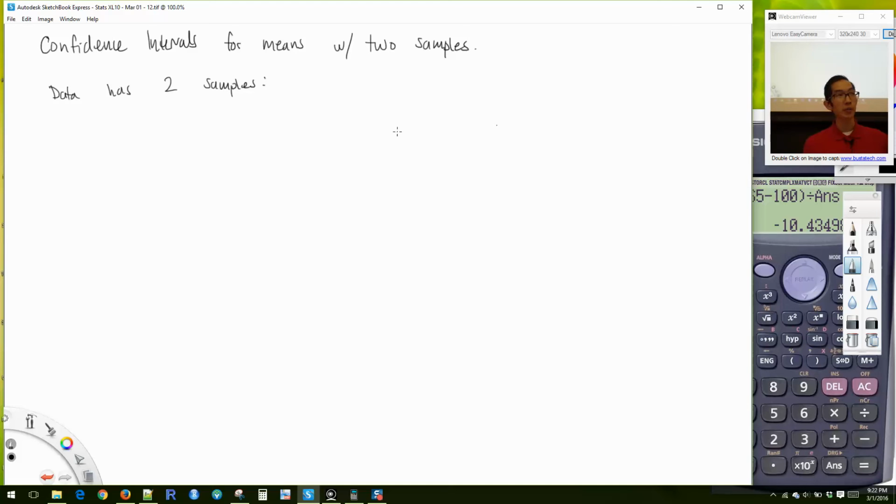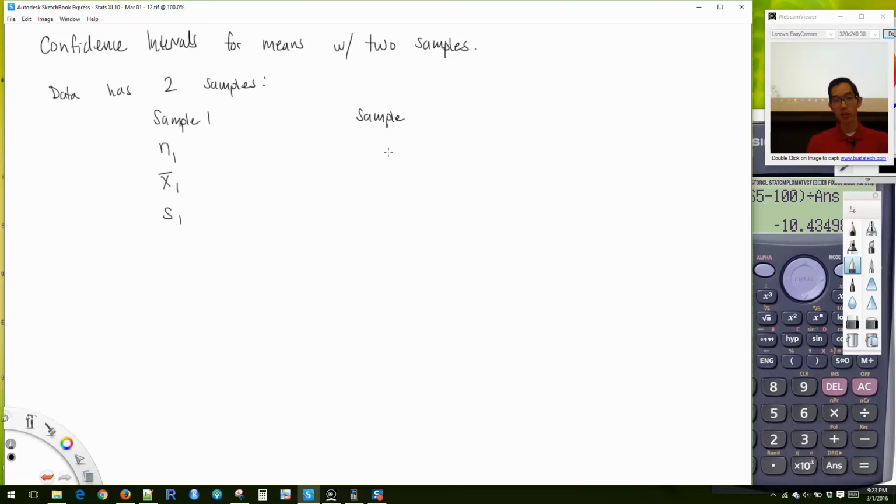So what you have to identify, you're going to have to identify 6 pieces of data, okay? You need, for sample 1 and for sample 2, n, x bar, and s. To identify that this is the n associated with sample 1, we're going to write n sub 1, x bar 1, and s 1.